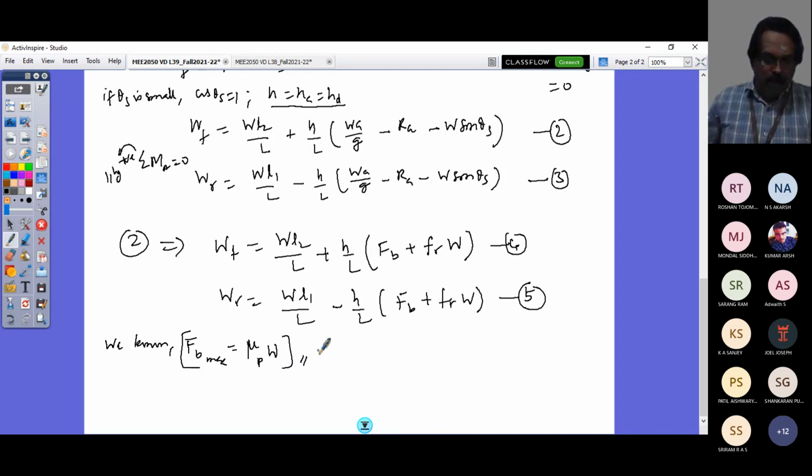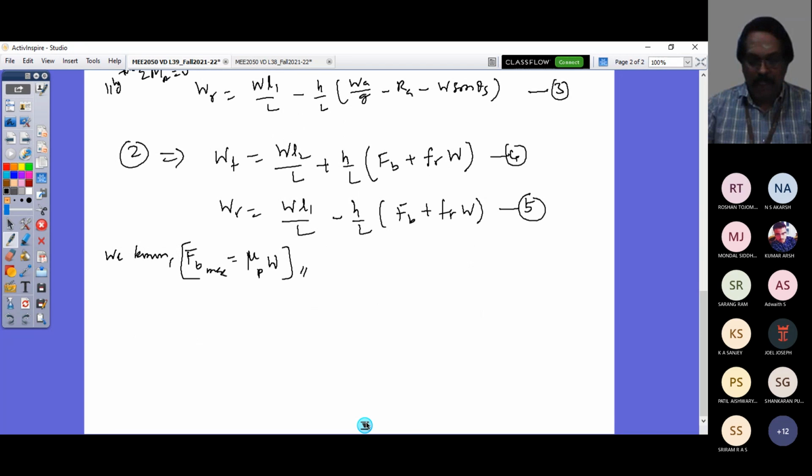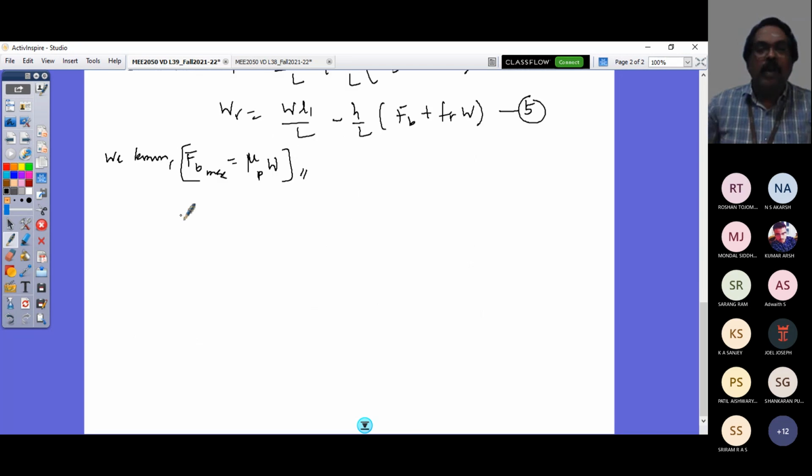Right. If you have understood that, we can now write the expression for the maximum braking forces. The maximum braking force in the front axle, FB F max, is given by mu P times WF.